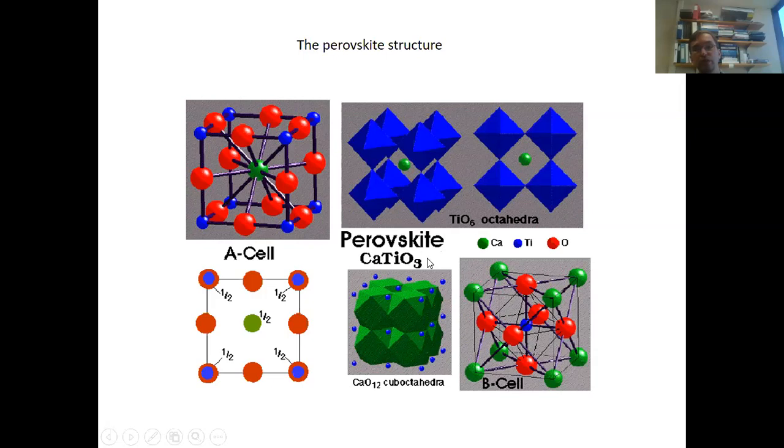Okay, what we can do is that we can basically say that our oxide ions and our calcium 2 plus make the spheres, make the lattice. And then 1/4 of our tetrahedral holes are being filled with the titanium. So then we arrive at what is called the B cell of the perovskite structure.